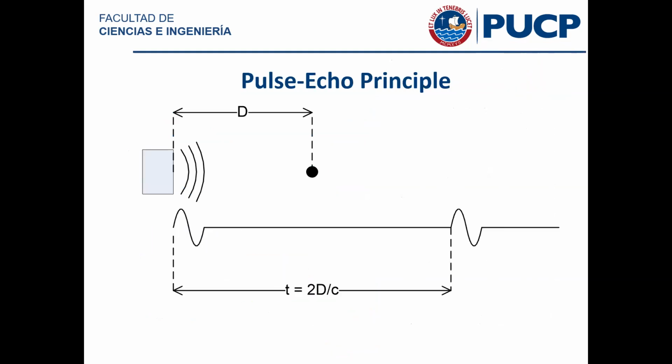And once we have a properly designed transducer, the principle of operation of ultrasonic imaging has to do with what's called the pulse echo principle. We talked about it in our first lecture when we dealt with fundamentals of signal processing and mathematical background.